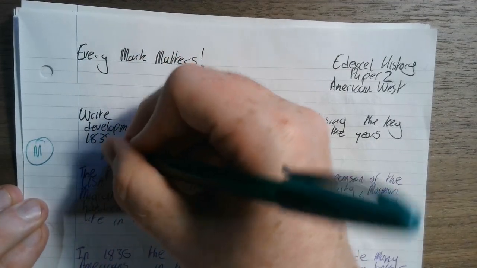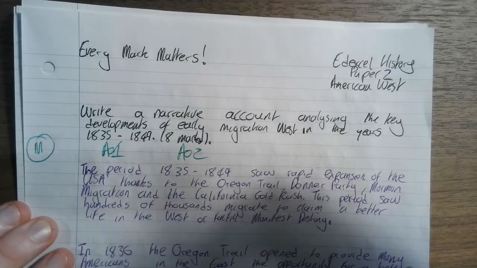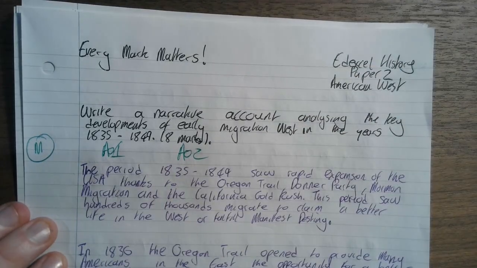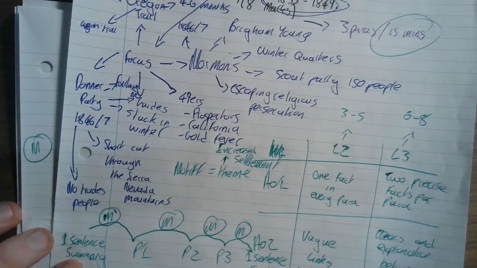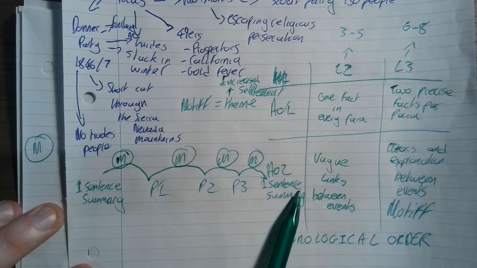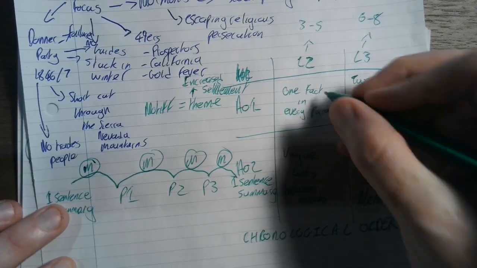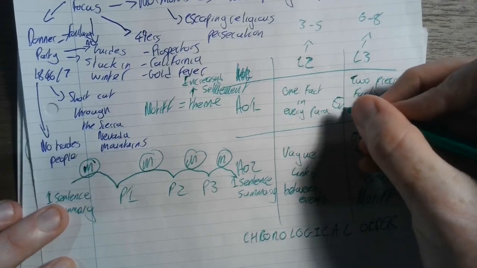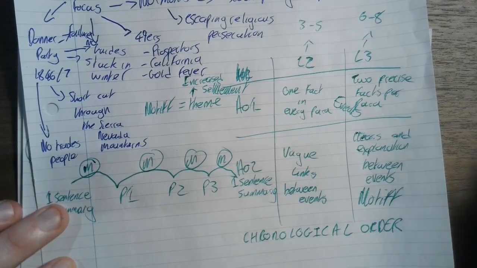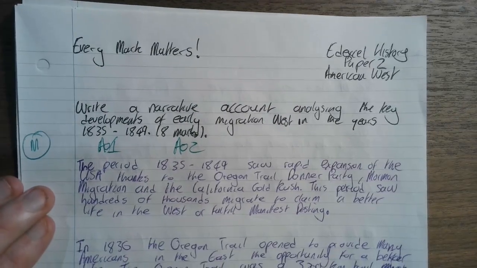I'm going to put AO1 for knowledge and AO2 for explanation. Okay, so as I said to you, I'm going to structure my answer around a motif where I have got a 1-sentence summary, paragraph 1, paragraph 2, paragraph 3. I am aiming for precise facts, but maybe instead of a fact, I'm actually referring to events, aren't I? Per paragraph, and I've got clear links, that's where my motif comes in. Let's have a quick look then.